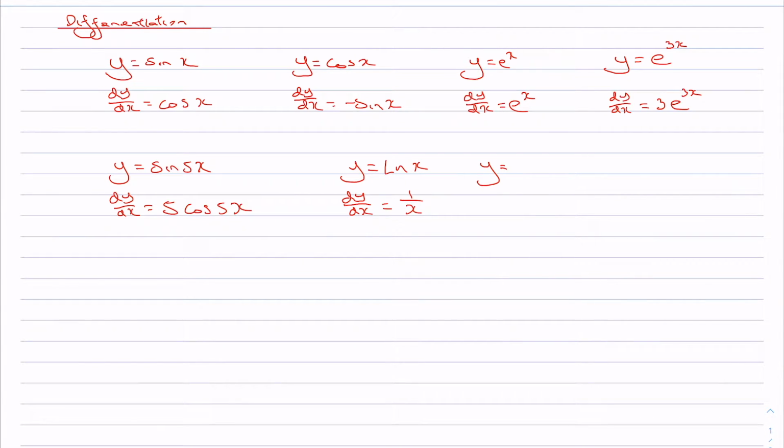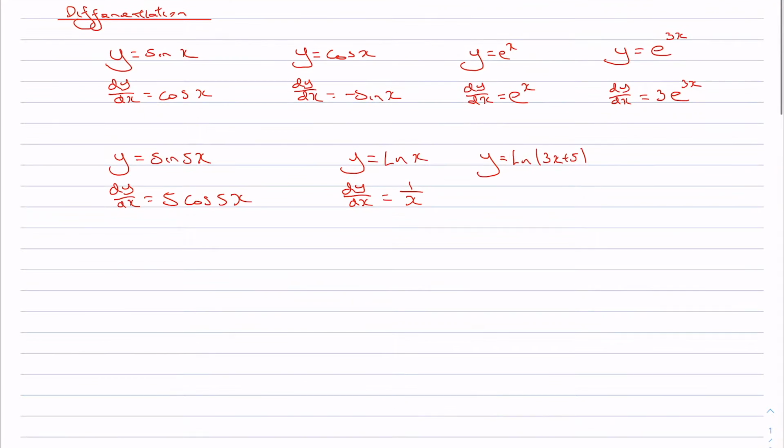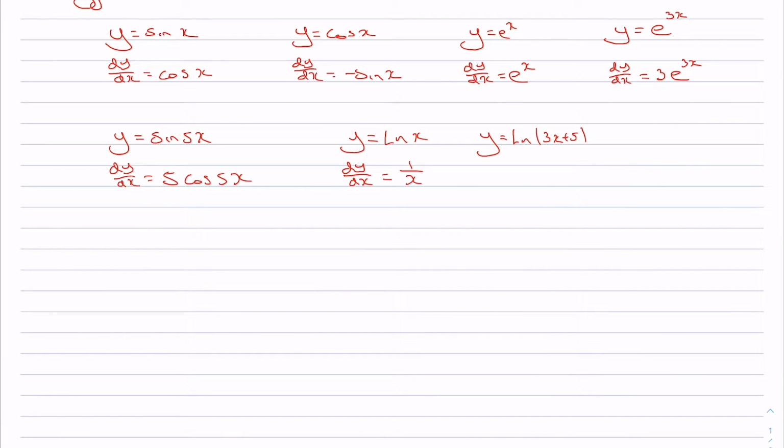How about if it's y equals ln of the modulus of 3x plus 5, where it's a modulus because we can't have a negative x-axis? Well, you'll be using the chain rule. We would let u equal 3x plus 5, and y would be ln u. The derivative of ln u is going to be 1 over u.